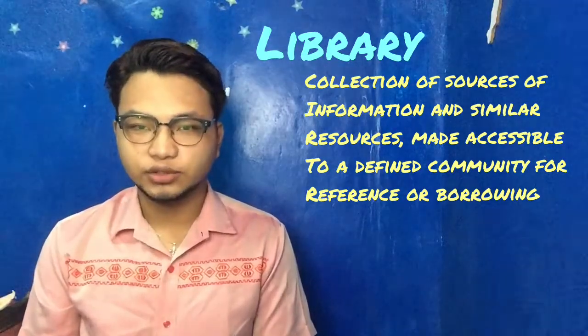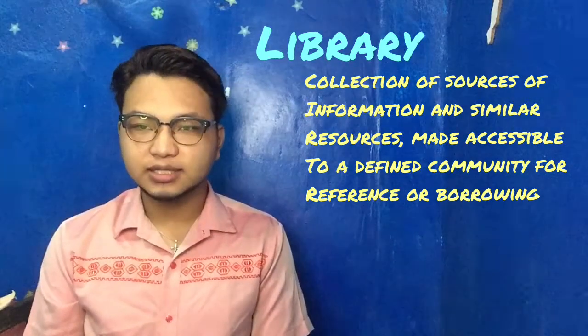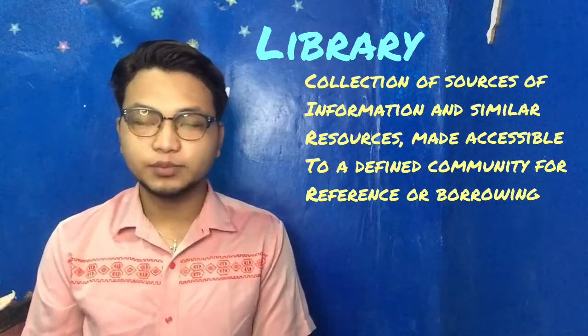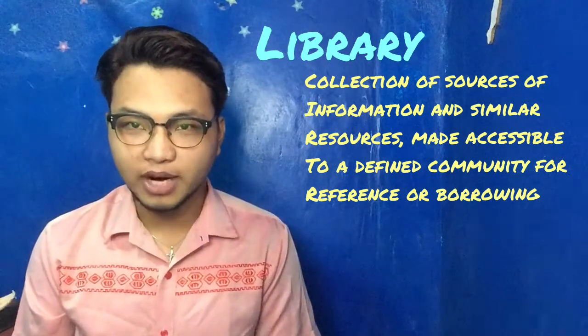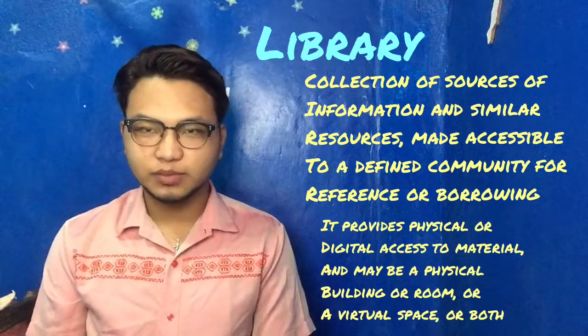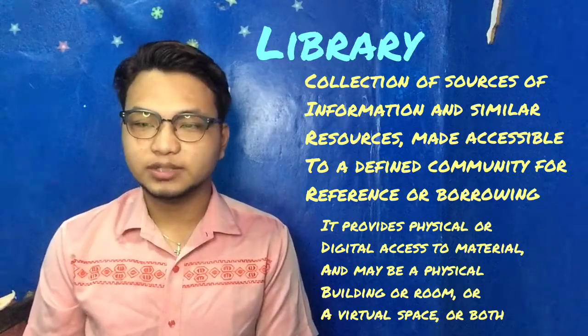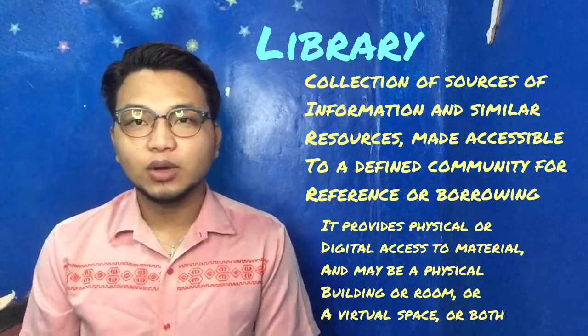Under these sources, we have the library. A library is a collection of sources of information and similar resources made accessible to a defined community for reference or borrowing. It provides physical or digital access to material and may be a physical building or room or a virtual space or both. So we all know that a library contains so much information that we could use when we are communicating.